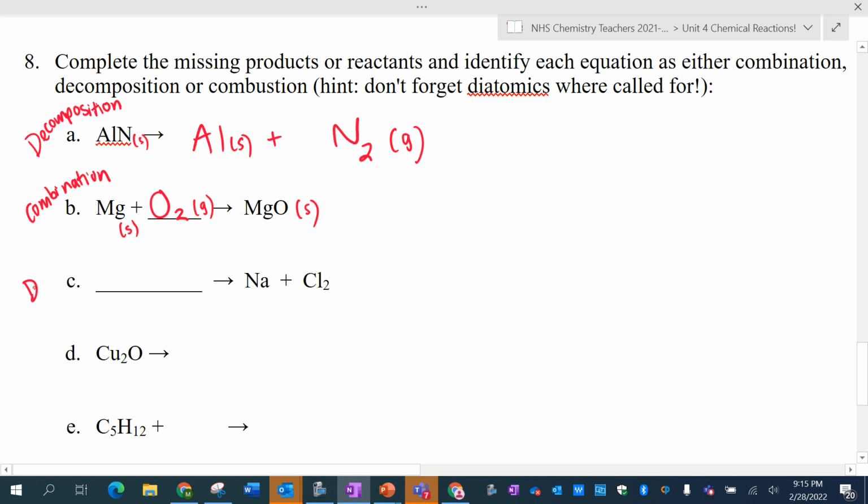This next one must be a decomposition because there's one blank, so there would be one reactant. So Na has a +1, Cl has a -1, and so this is NaCl, solid, and then this would also be a solid, and this would be a gas.